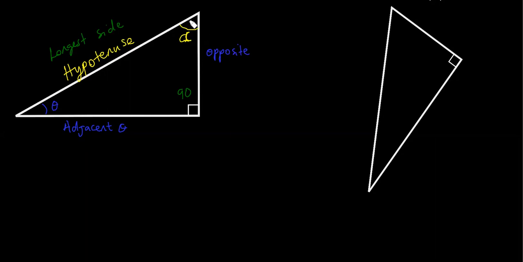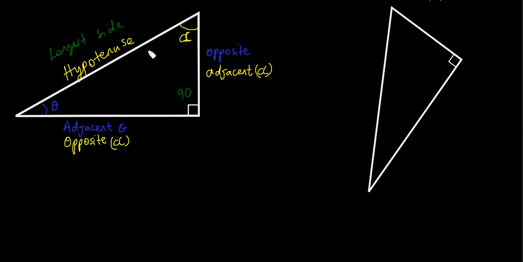Now if we look at alpha, this side becomes the adjacent, adjacent to alpha, and this one now becomes the opposite to alpha.